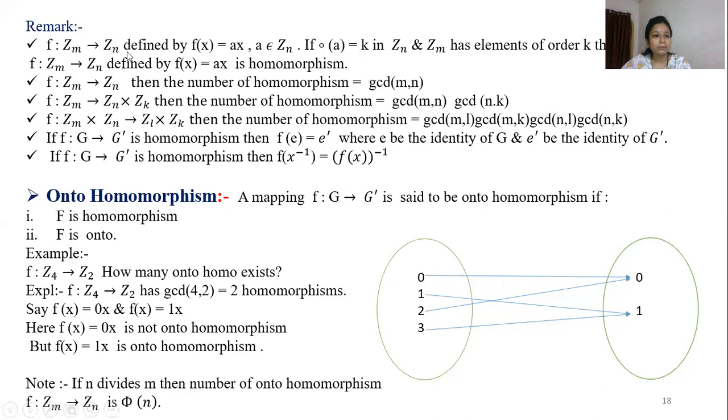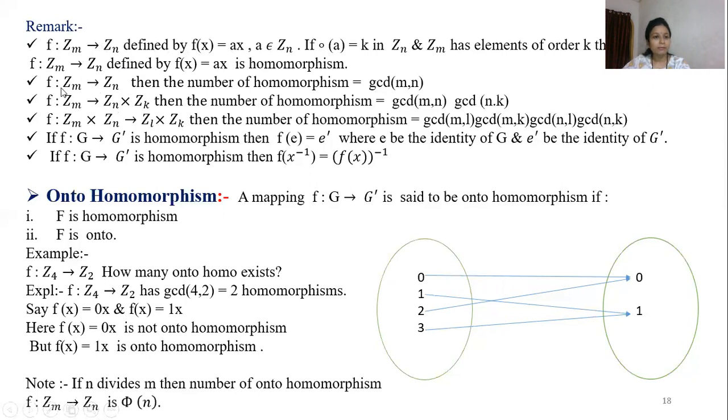Then check whether there exists any element whose order is K in the domain. If such an element exists, we say that this mapping defined by f of x equals Ax is a homomorphism. This property is useful if we are having large values of m and n. Suppose f is a mapping from Z100 to Z200. In that case, this is useful.